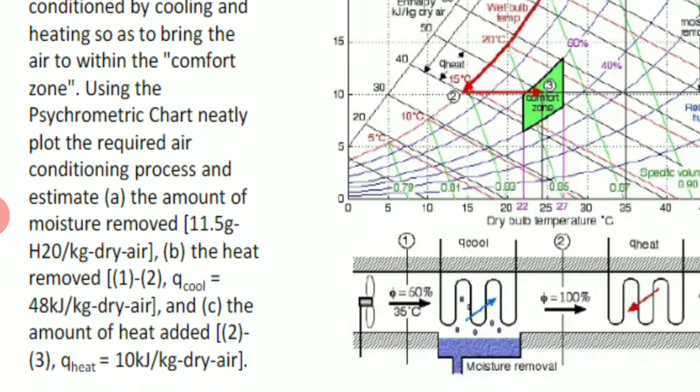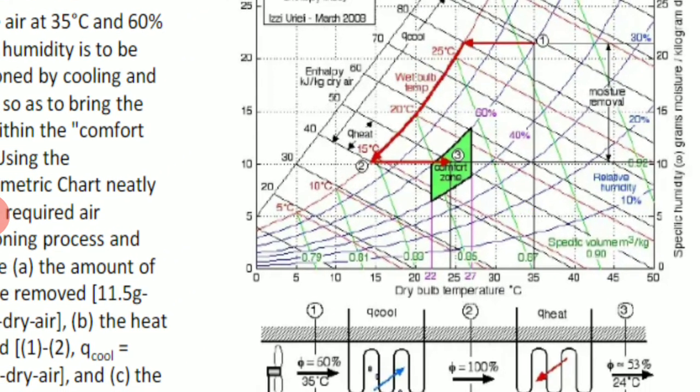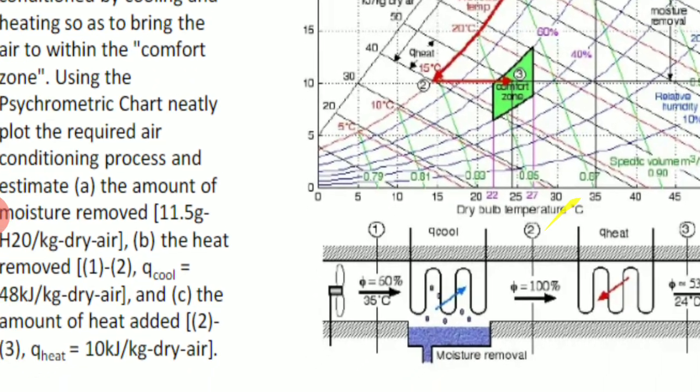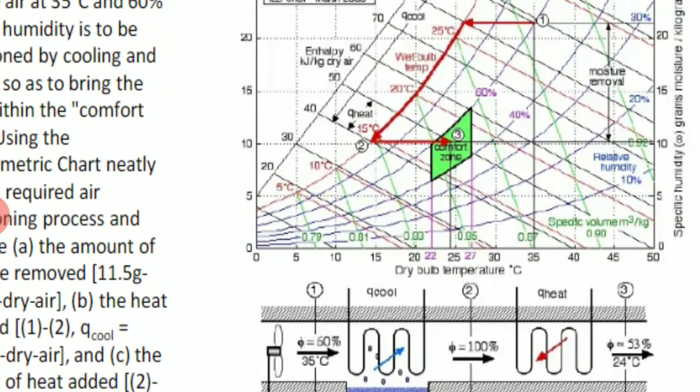The third parameter is the amount of heat added. The heat added is in process 2 to 3, where heat is added to reach the comfort zone. So H3 minus H2, sorry, H3 minus H2 gives the amount of heat added.